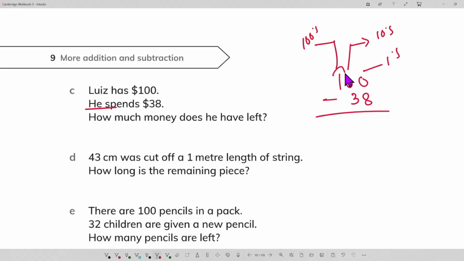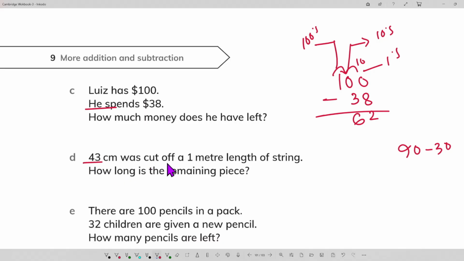So if we give in here, here is now 100, and from here we can give here 1 tens. So tens minus 8, it will be 2, and now here is a 90. 90 minus 30, it means 60.